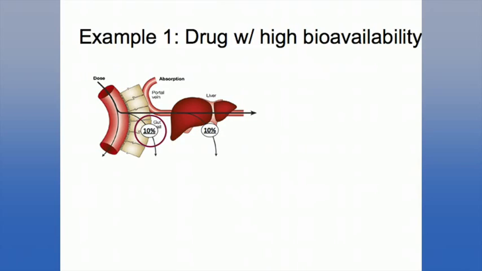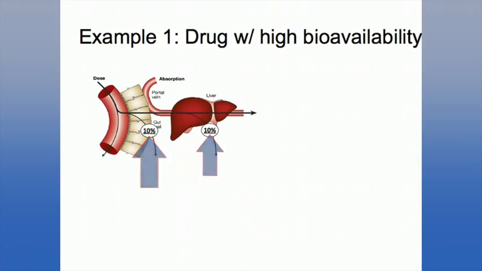This is the lining of cells along the GI tract, right? So you've already lost 10%. An additional 10% undergoes biotransformation in the liver. So you've lost 10% here, and then you're losing 10% of the 90% that reached the liver.